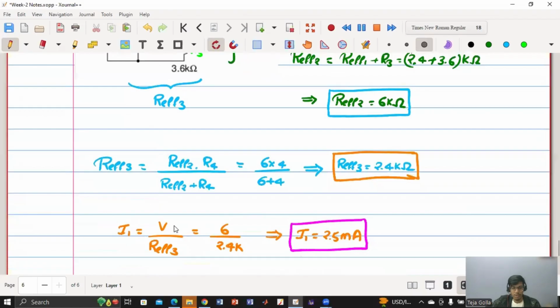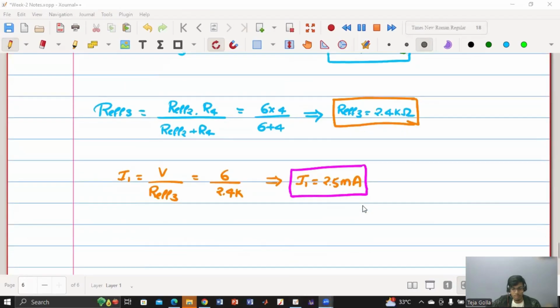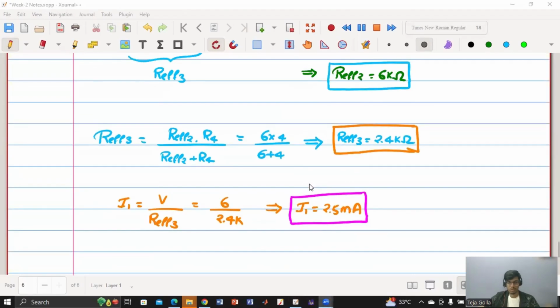Now current is nothing but voltage by resistance, V by R effective 3. So it is 6 by 2.4K, and many people have mentioned 2.5 milliampere. Natish, Akshada and Roshan said that it is 2.5 milliampere. So the current that the voltage source is supplying is 2.5 milliamperes. Okay, got it.